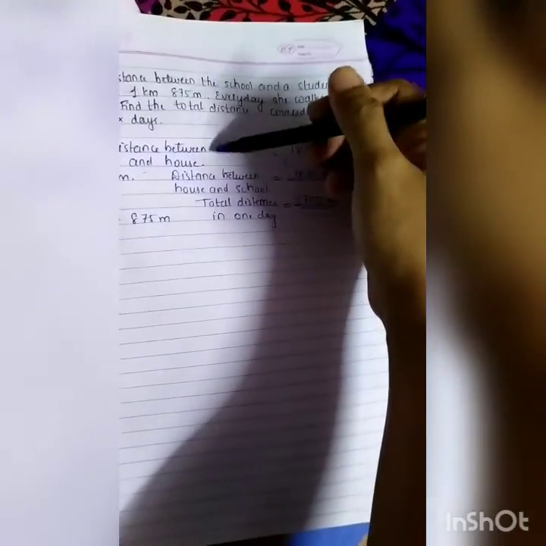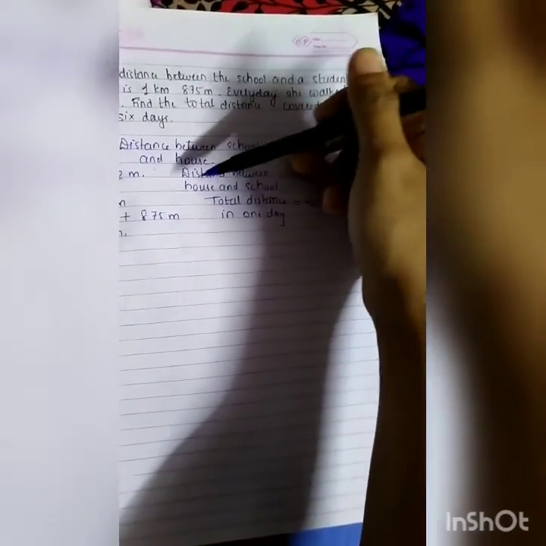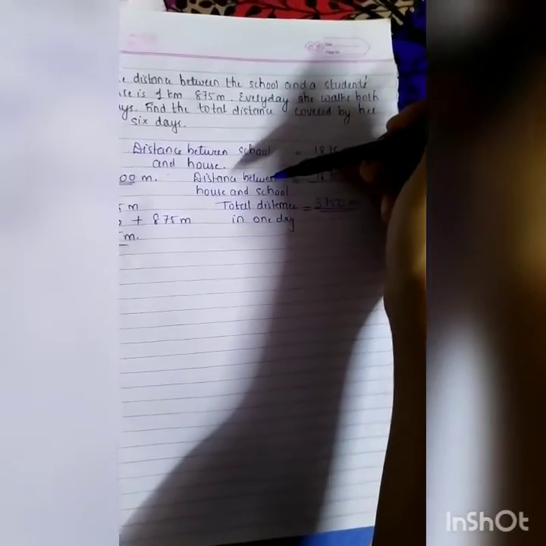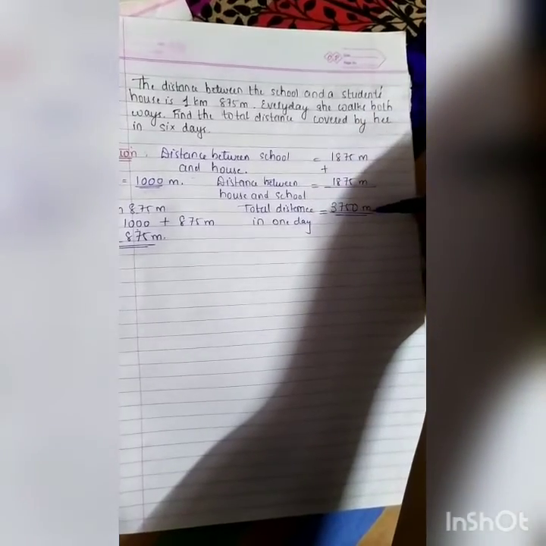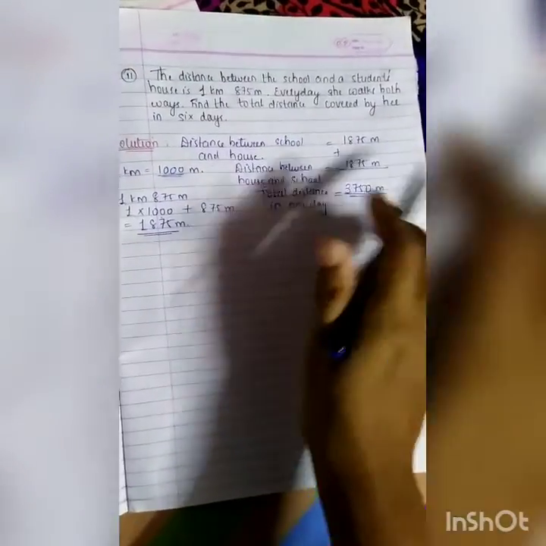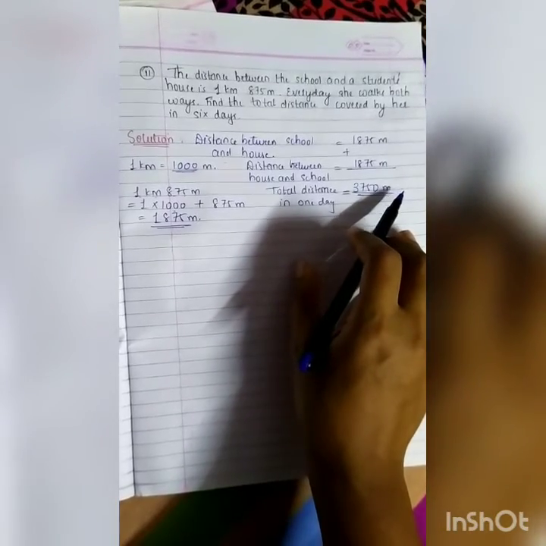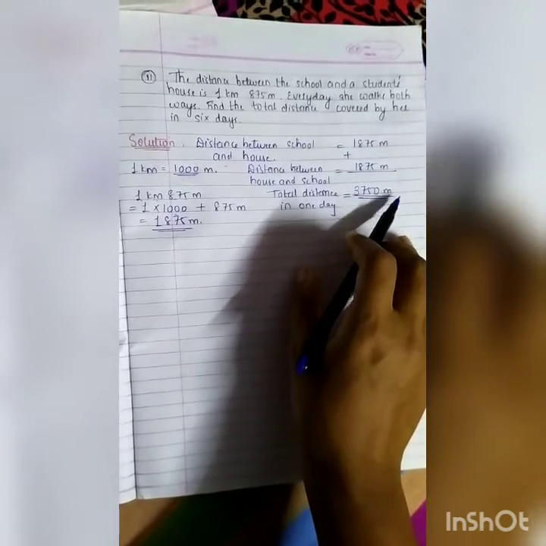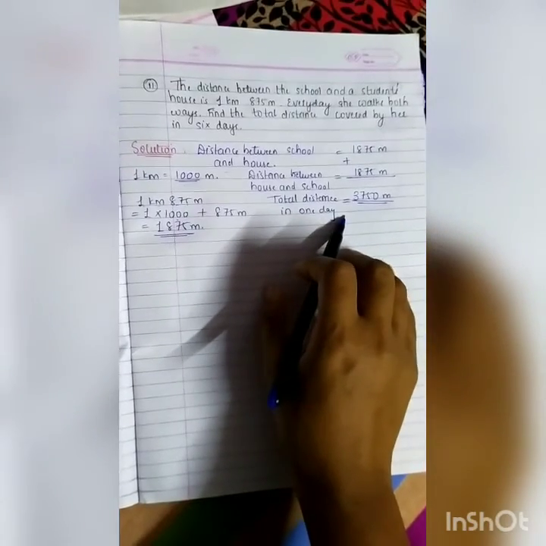Now she is going from school to house this much, and she is also coming back, so we have added. So we get 3750 meter. If you multiply with 2, you also get the same answer. Every day this much meter she is covering, the total distance covered in one day.